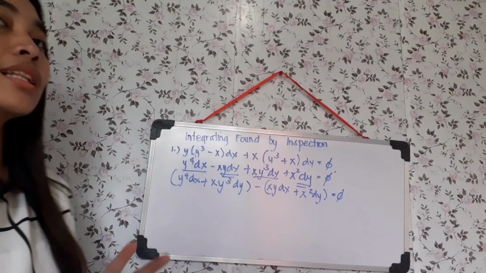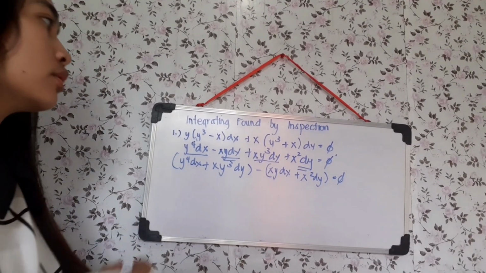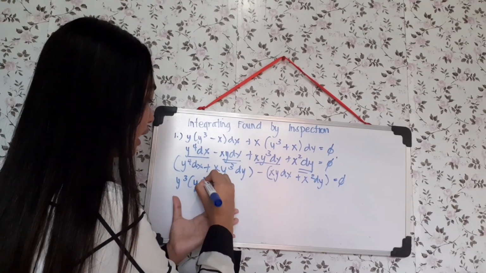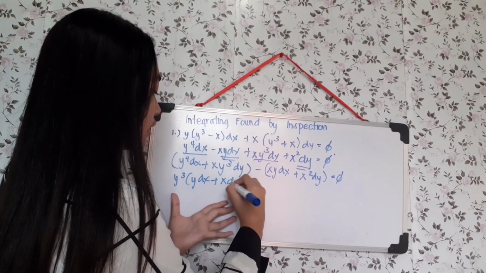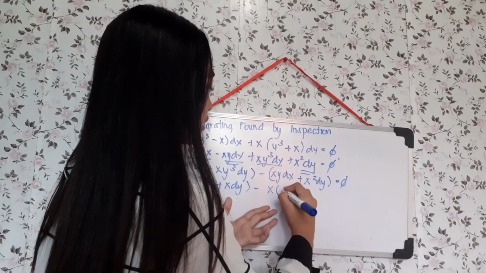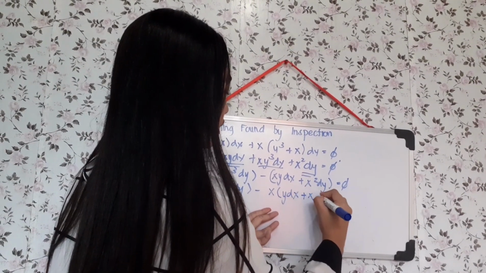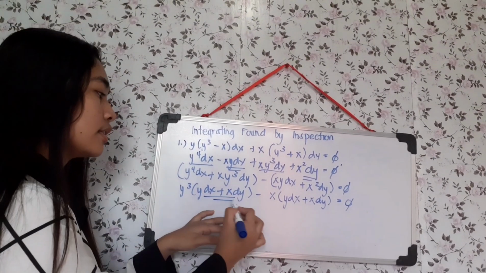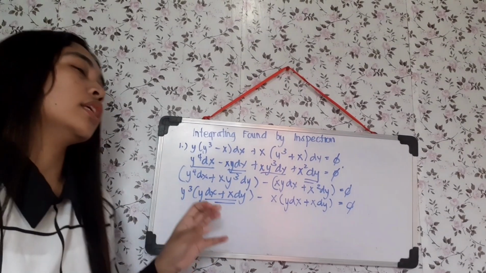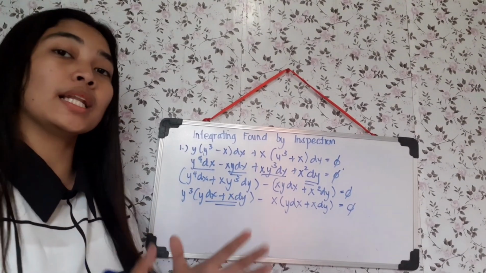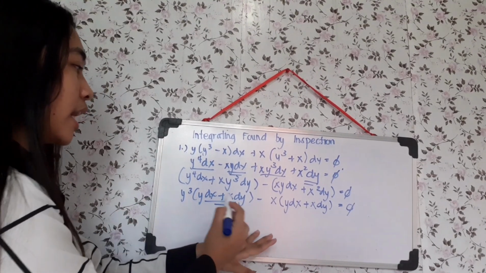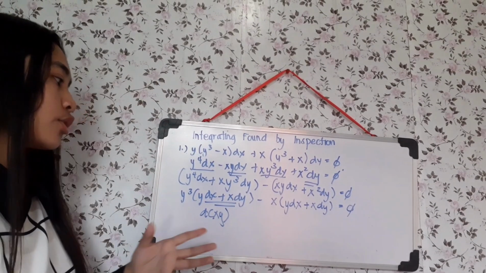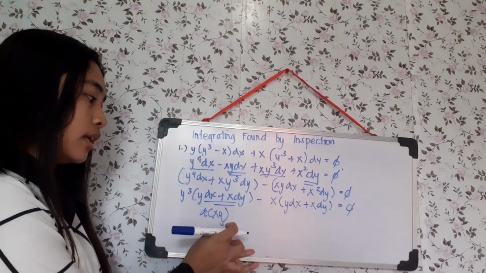Then after combining the like terms, factor it out for simplifying. So y cubed times y dx plus x dy minus x times y dx plus x dy equals 0. Now, this looks familiar. It is included in the formulas that I mentioned earlier. So y dx plus x dy is also equal to the derivative of xy. By that, we can replace it by this formula.